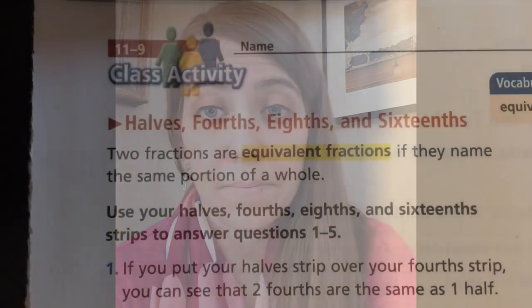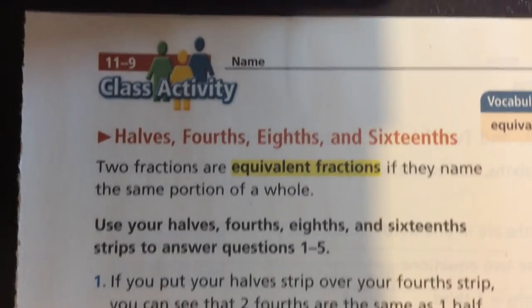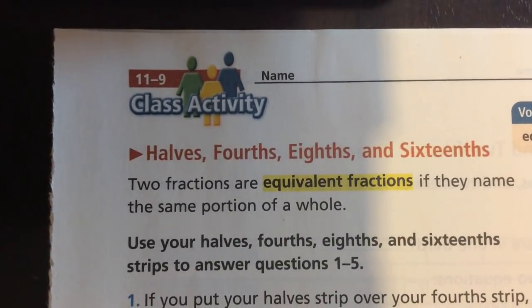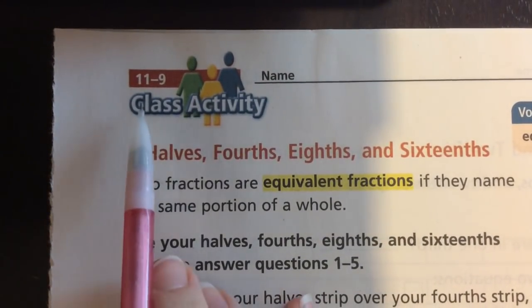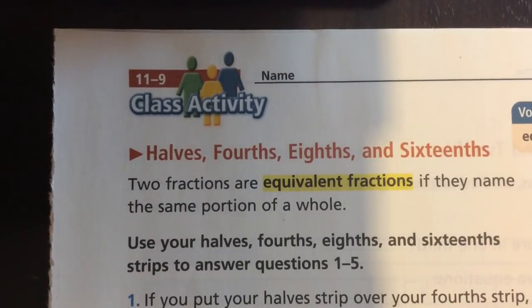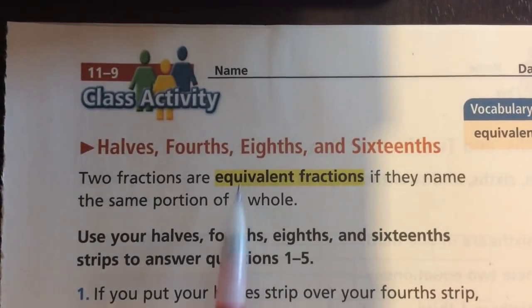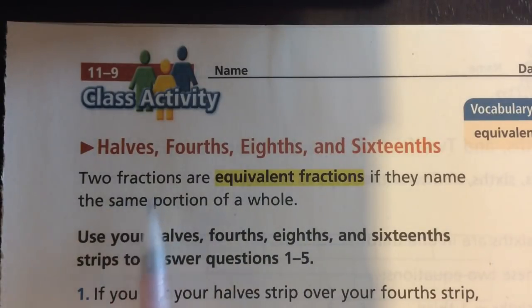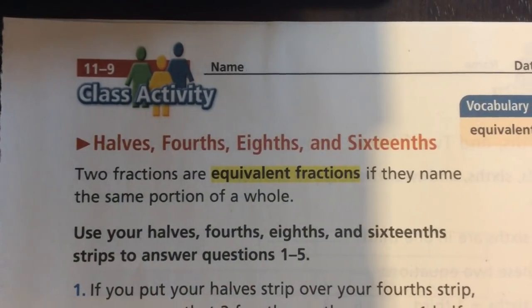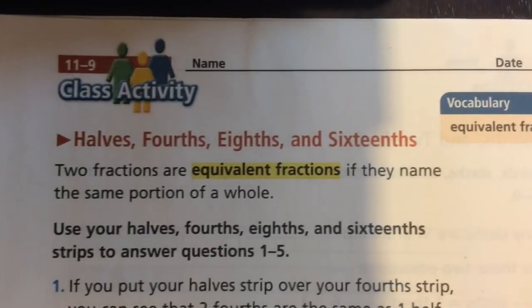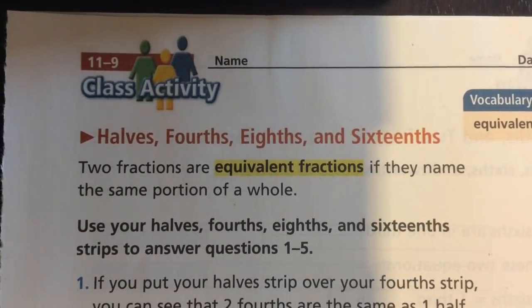Let's get started. Okay, so we're going to start with page 419, lesson 11.9. We're looking at something called equivalent fractions. Equivalent fractions are where you have two fractions, and they're equivalent if they name the same portion of a whole.